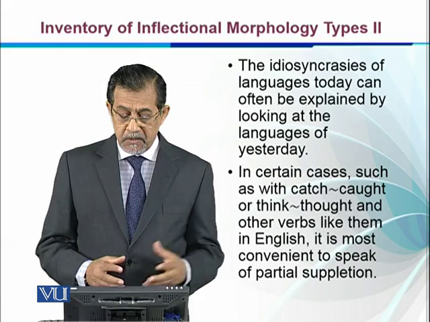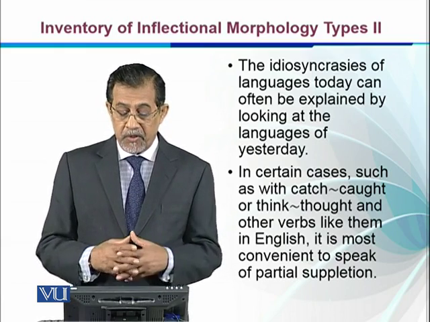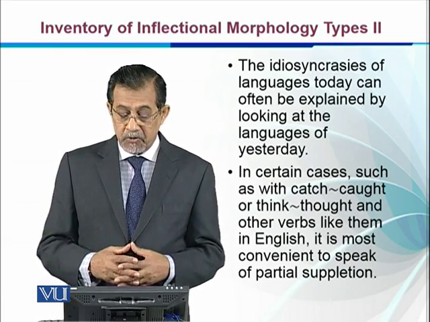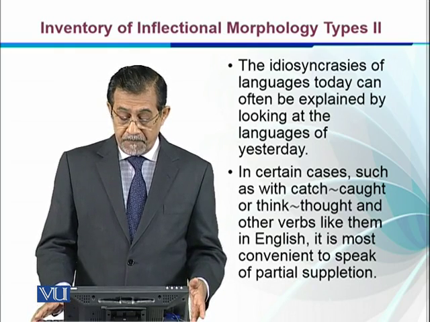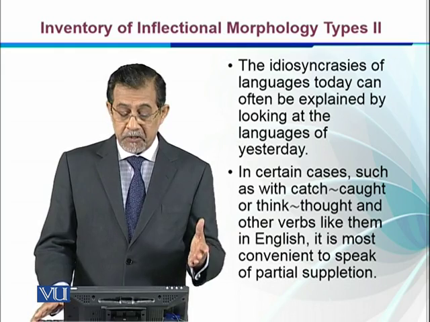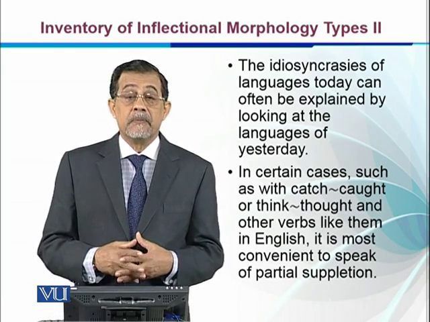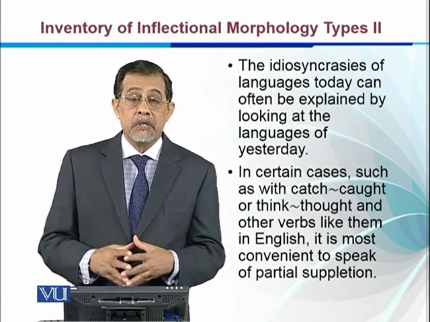In certain cases, such as with catch and caught and think and thought and other verbs like them in English, it is most convenient to speak of a partial suppletion, right? So we can say that the first sound is the same, then there is a vowel change, and the last consonant sound is also changed.